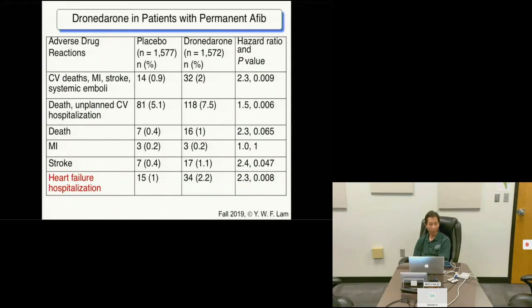So pretty much right now, I would say that if we think we need to use a class 3 antiarrhythmic drug and we're thinking about amiodarone versus dronedarone, as long as you have all the baseline tests done and are careful in starting a patient on amiodarone, I would take amiodarone rather than dronedarone, because I don't think the drug works as well as amiodarone, and it certainly has been a great disappointment for us, even though originally it was hoped that it could replace amiodarone.